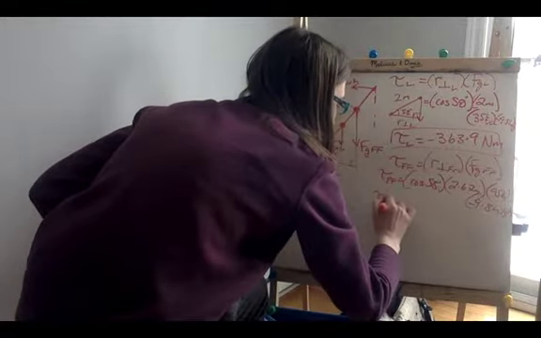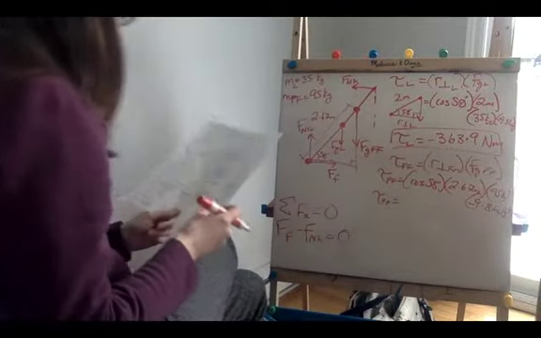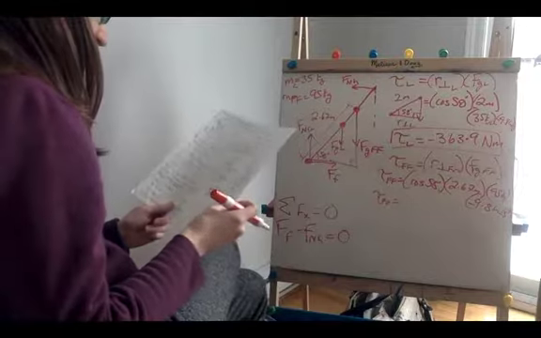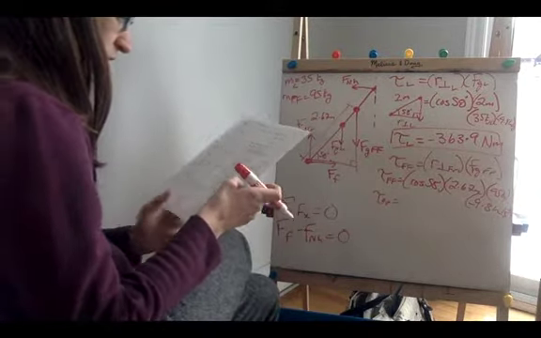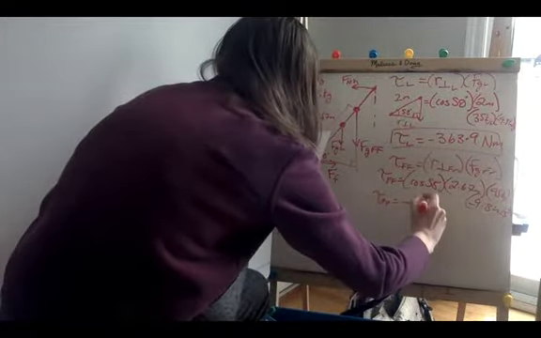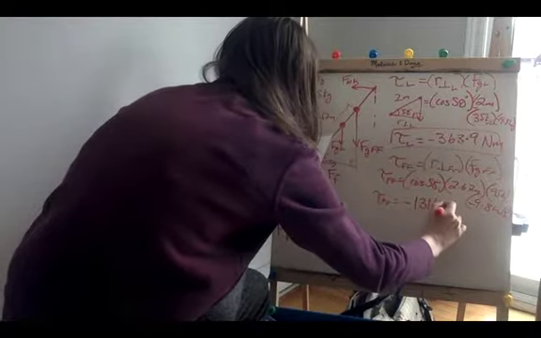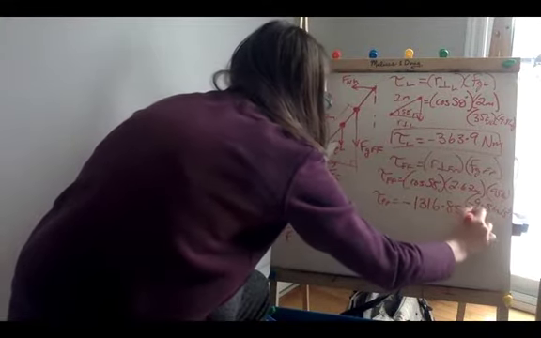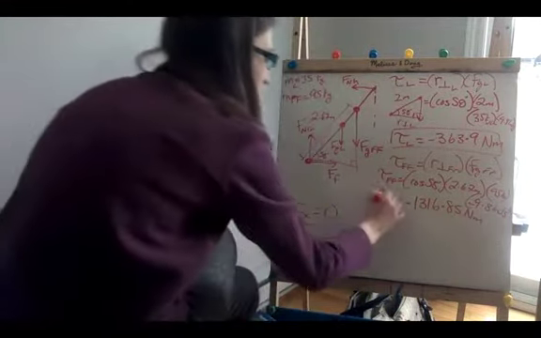We do all of that, and we get that the torque of the firefighter ends up equaling a value of negative 1316.85 Newton meters.